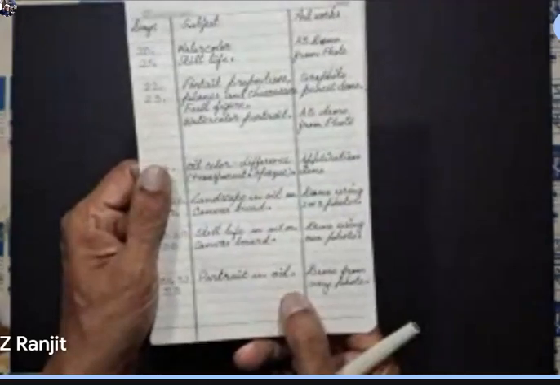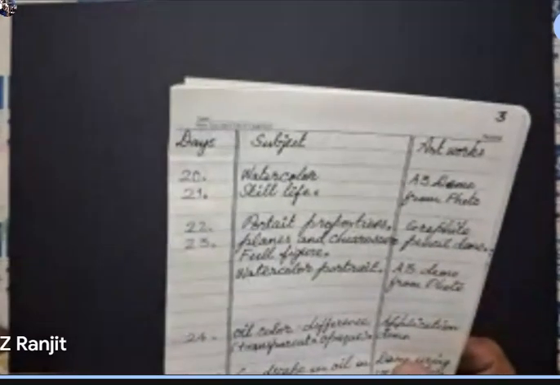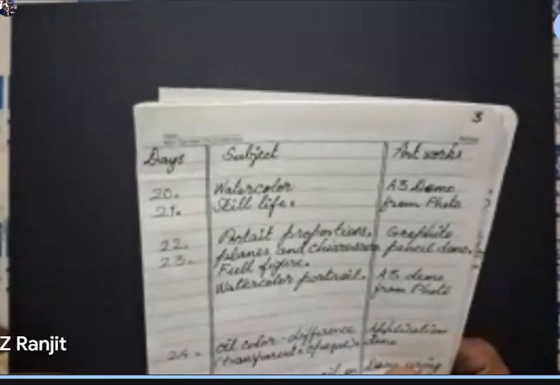So portrait in oil. Landscape in an oil color difference. Okay. Portrait proportions. Watercolor still like we spoke about. And we say it's a good idea. Don't say that my teacher taught me to start with background.